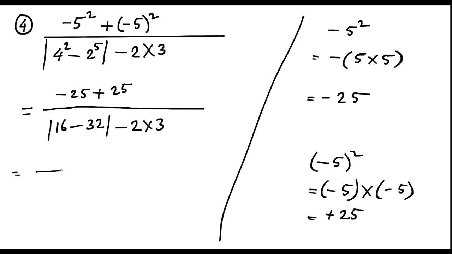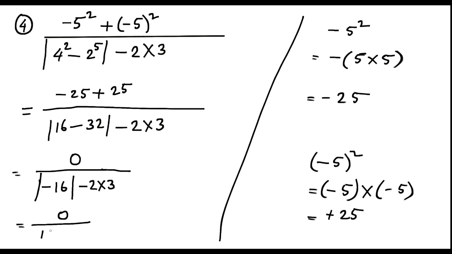Then you will have 0 on the top and here you have negative 16 inside the absolute value. And 2 multiplied by 3 you have here. You have 0 and here you have 16. Here you have 2 multiplied by 3. I'm going step by step.